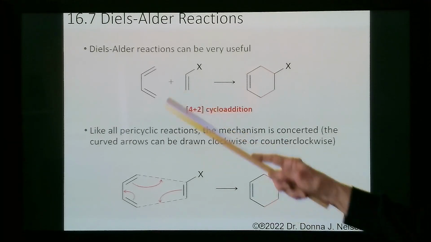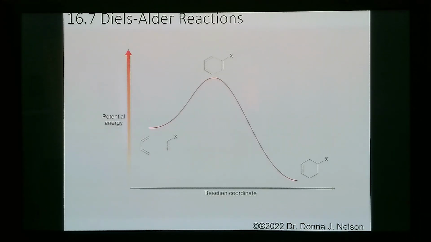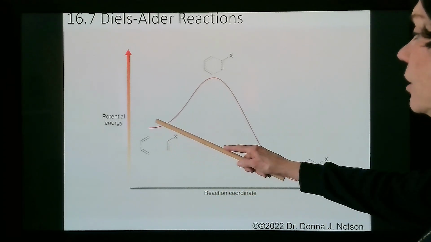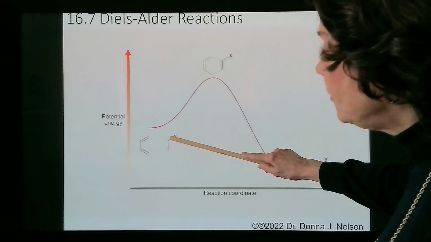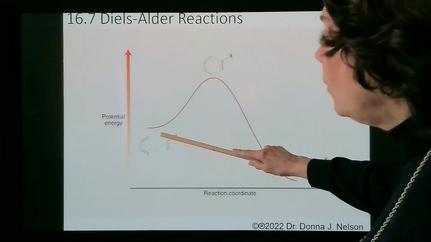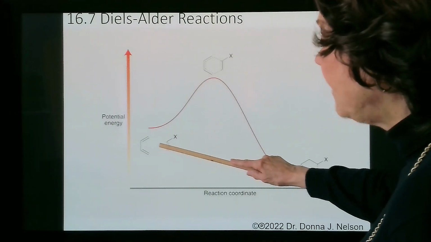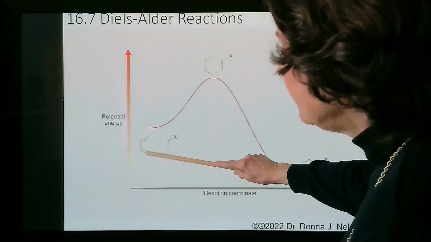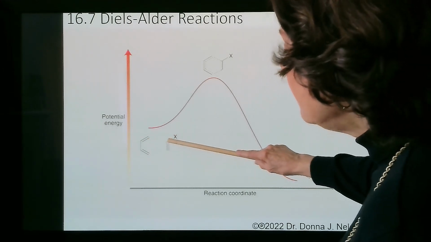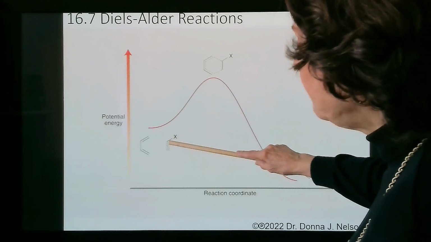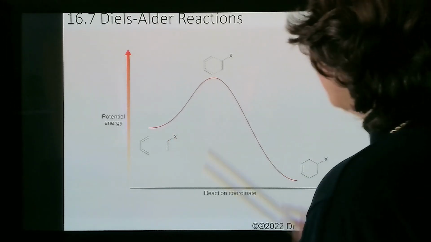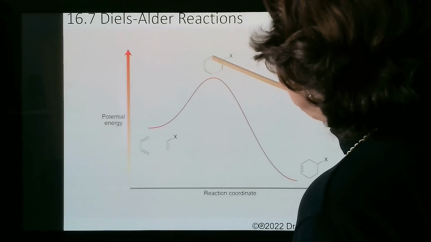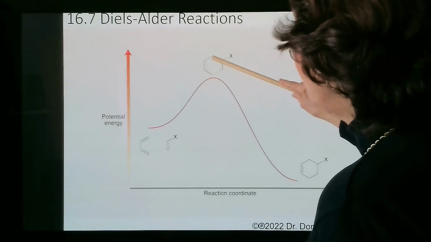This is often called a 4+2 cycloaddition. So now you can see on a potential energy diagram, these two come in close proximity so that the pi systems start to interact. When the pi systems get close enough that they can interact, this end of the pi system and that end of the pi system come in close proximity to this pi system, the two ends of this pi system, and you can see the electrons just flow in a circle.